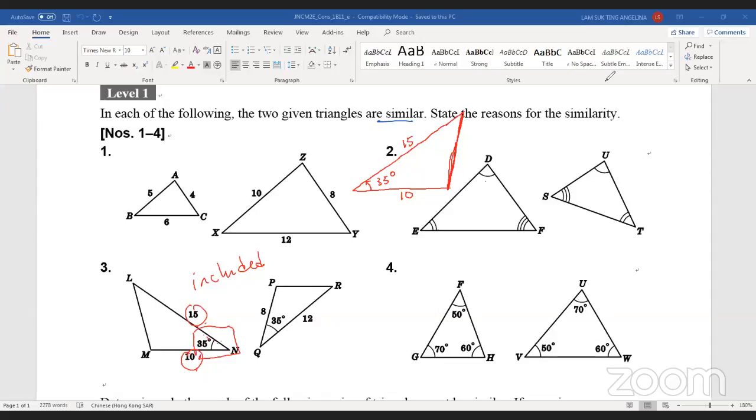Now, if I keep this angle 35, like this one, for example, if I want to make it half, and then I make it half like that. Can you see that? I just do it roughly in a diagram like that.